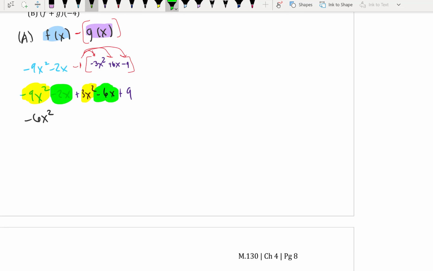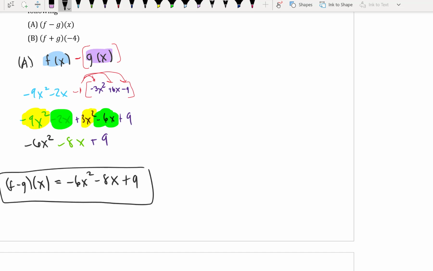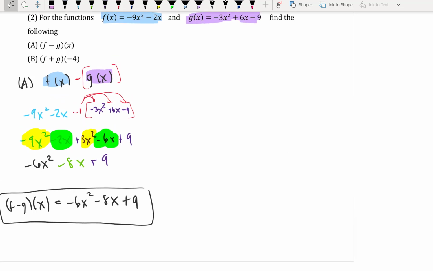So adding those two together, because those are like terms, negative 2 minus 6 is going to give you a negative 8x. And you still have a plus 9. So now for your final answer, the way you're going to write it is f minus g with respect to x is equal to negative 6x squared minus 8x plus 9. And so that's going to be your final answer.